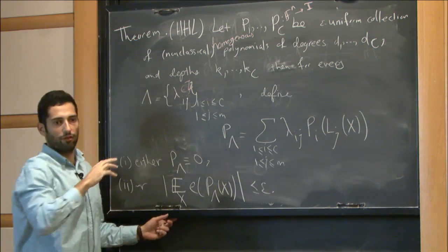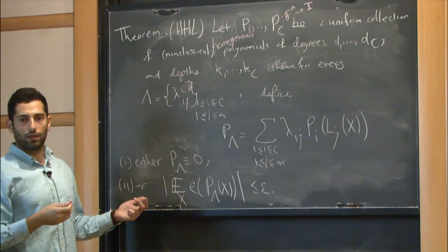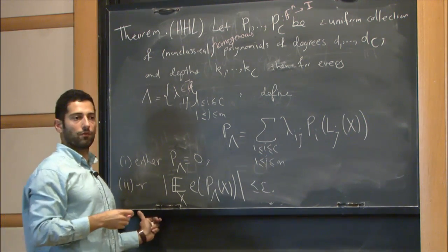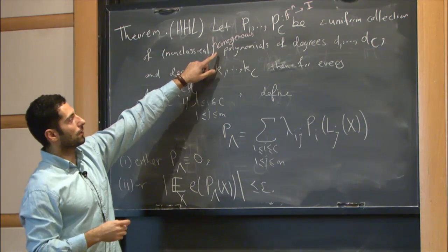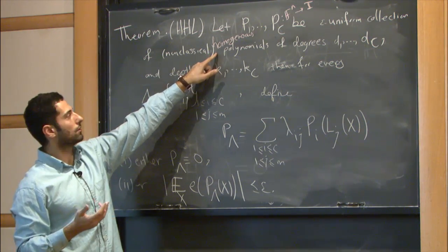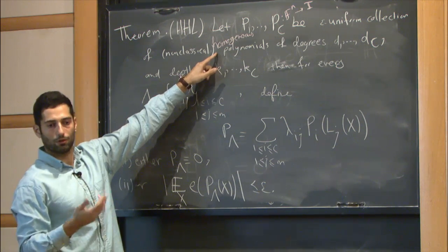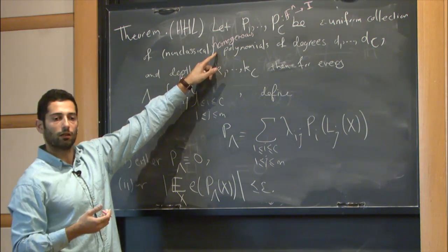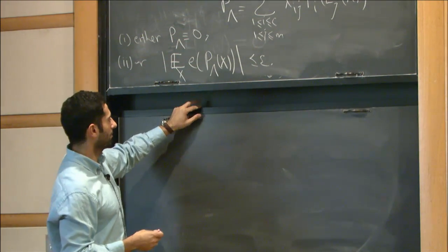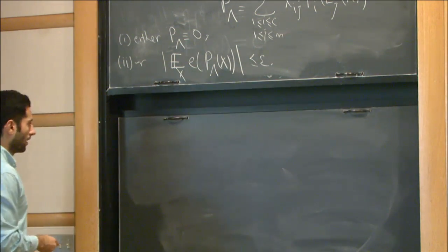This is usually a very harmless thing to assume when we're working with classical polynomials. However, for non-classical polynomials, we don't know whether it's harmless or not. We don't even know what it means for a non-classical polynomial to be homogeneous. So we have to actually define what I mean by homogeneous.